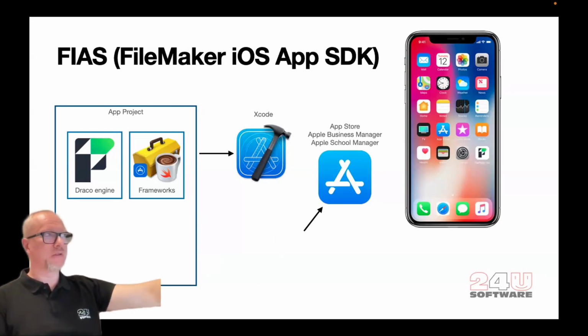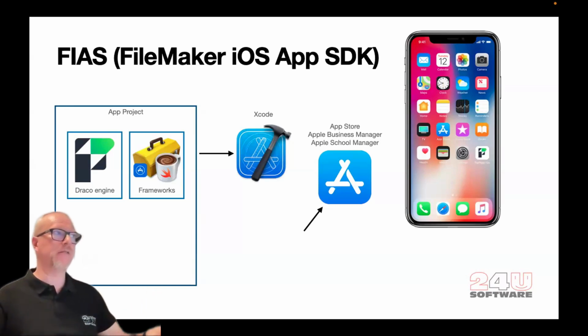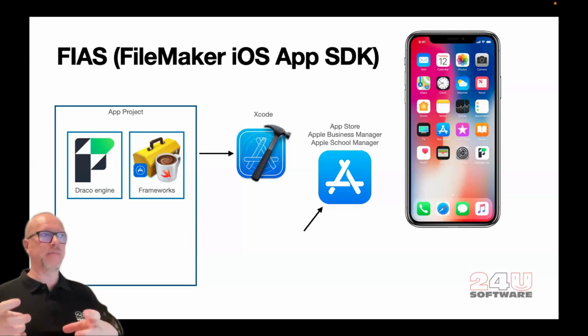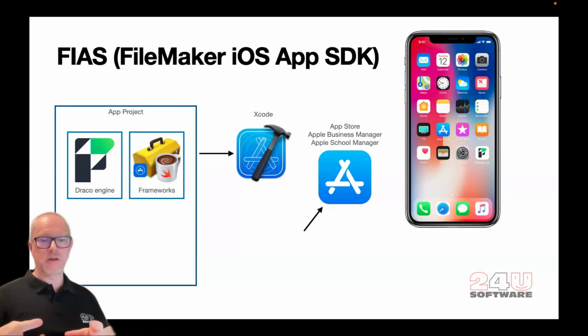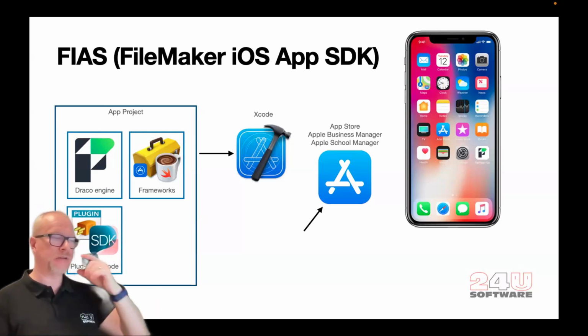So if you download the iOS App SDK, you get a kind of clone of their FileMaker Go project. But because you have that project on your own, and it's not built yet, you can add things to it. For instance, you can add plugins and custom code, so you can actually integrate other SDKs into the app.